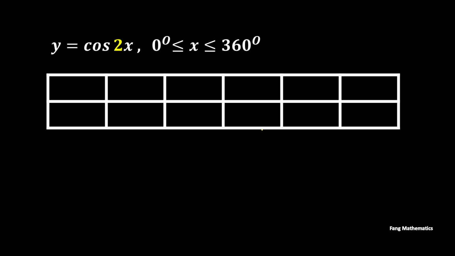Now we are going to use a table of values and perform the same thing. If you look at this inside multiplier, that is 2. Therefore, we are going to determine the period for this function. So we measure in degrees, 360 divided by the absolute value of 2. And I believe the cycle should be 180 degrees.